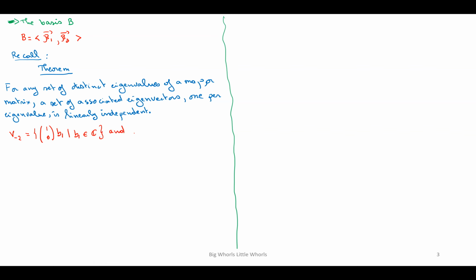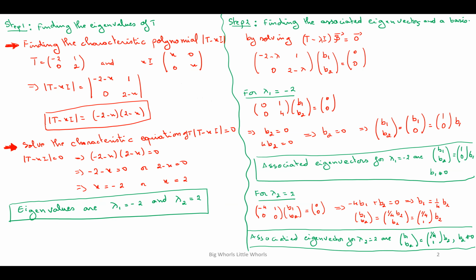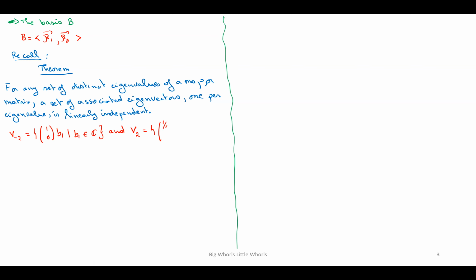And the eigenspace associated with lambda 2, which was equal to 2, is (a quarter, 1) multiplied by b2, such that b2 is a complex number.